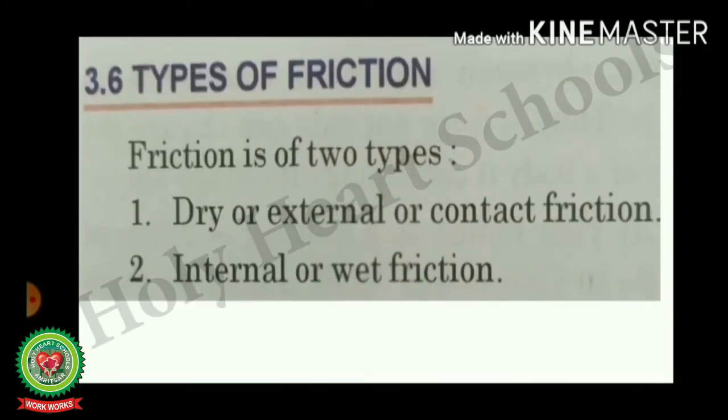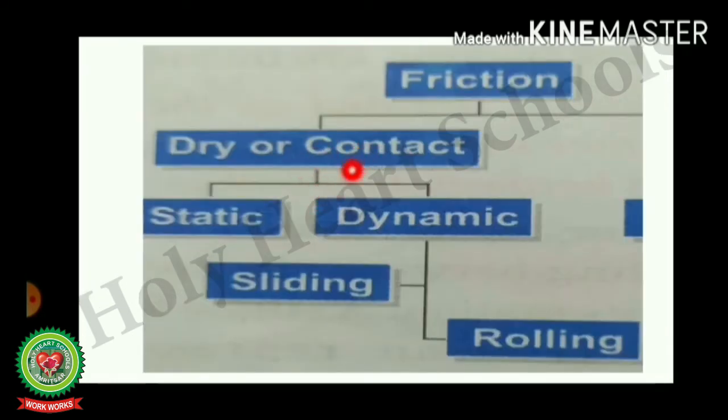Next, we will discuss what are the main types of friction. There are two types of friction: dry or external or contact friction. Second is internal or wet friction. In this chapter, we will discuss only dry or external friction. It is divided into two types: static and dynamic.